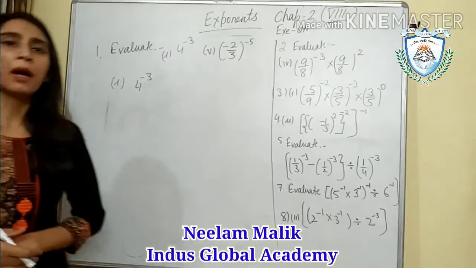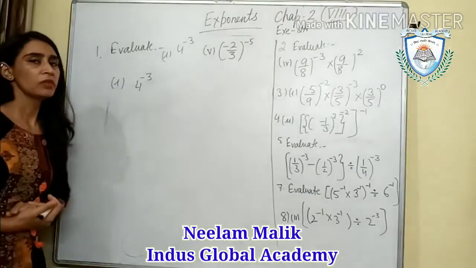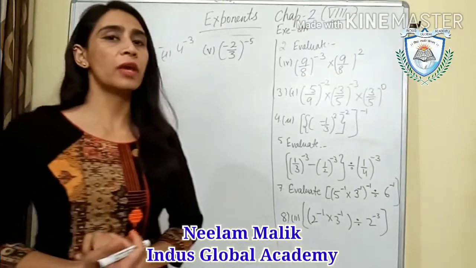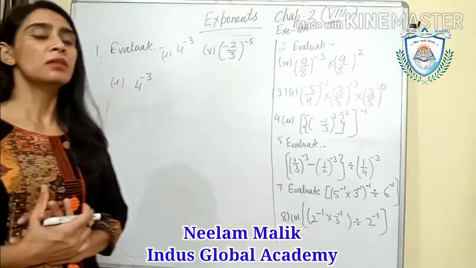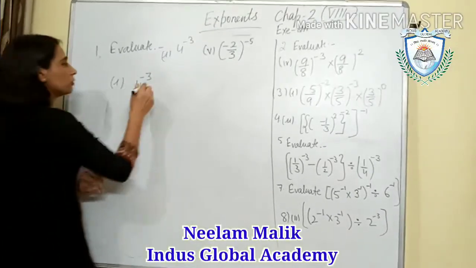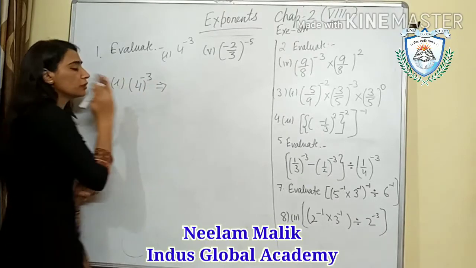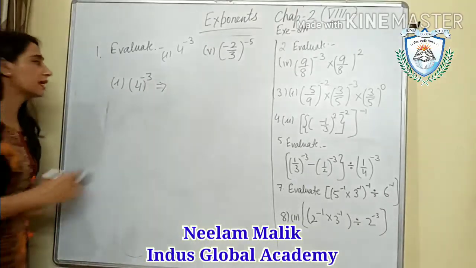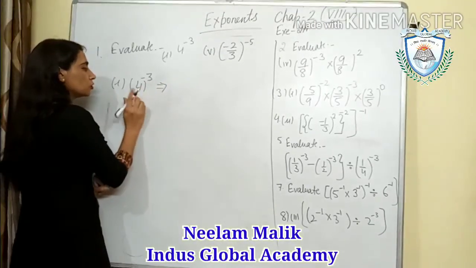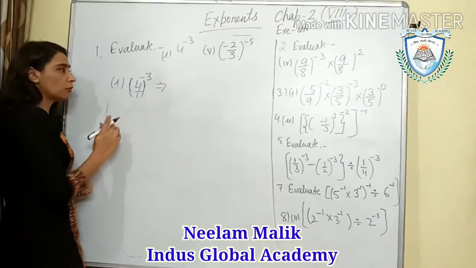The power of the number is negative. I told you, if the power of any number is given negative, then what will we do? Simply we take the reciprocal of that number. This is 4, so we can write this as 4 upon 1.